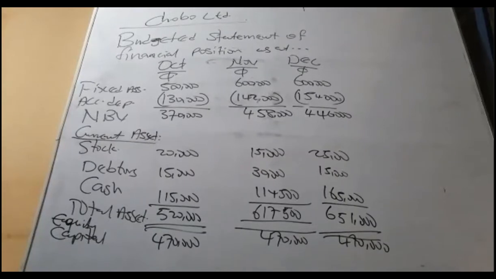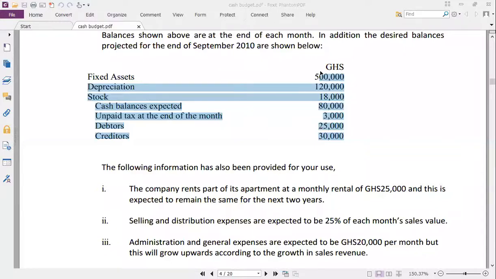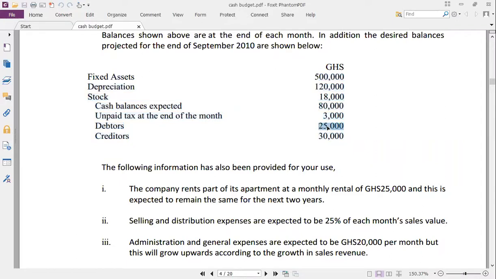Okay. Great. Now let's work together. Let's work together first. The fixed asset 500 less 120. Agreed. Good. So 380 plus 18 plus 80 plus 25 debtors. That will give us 503.